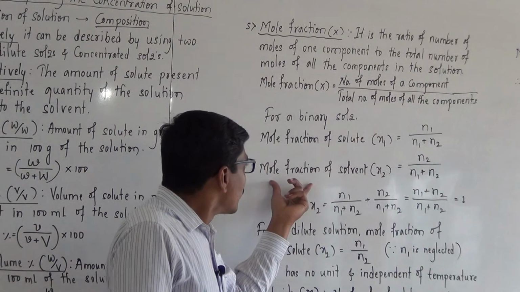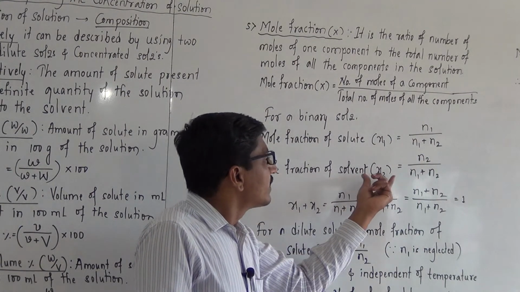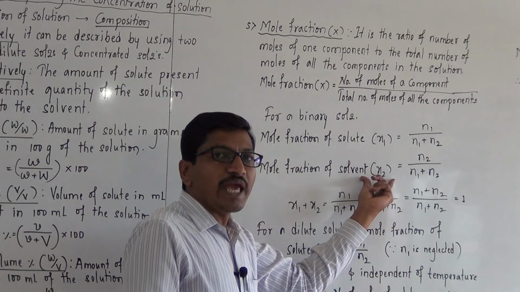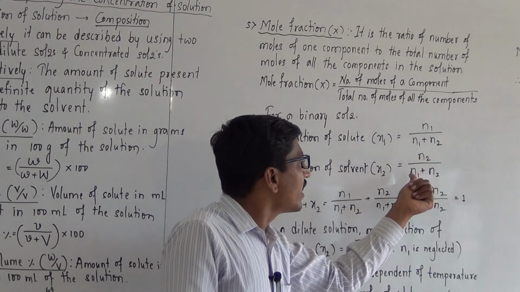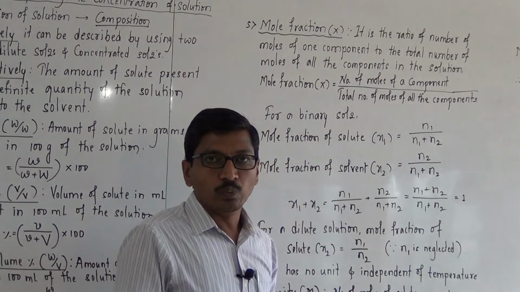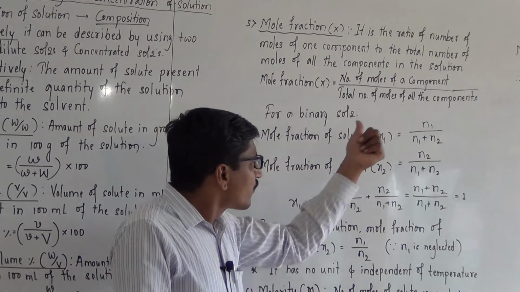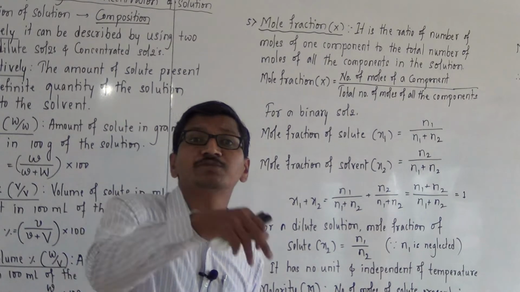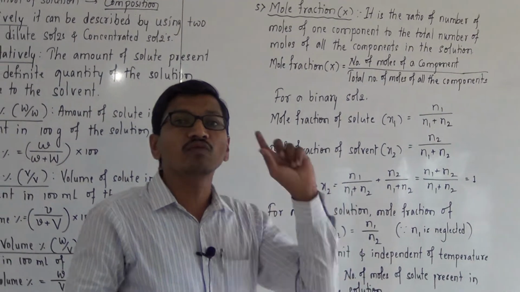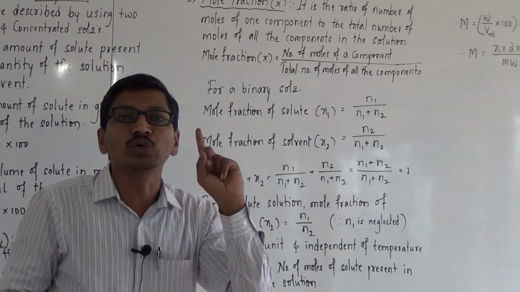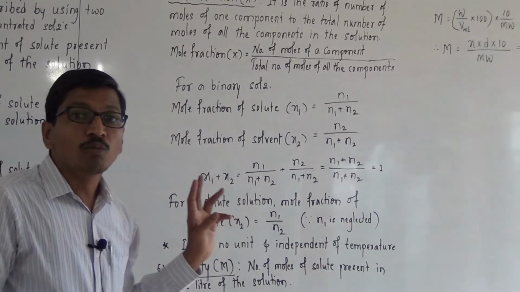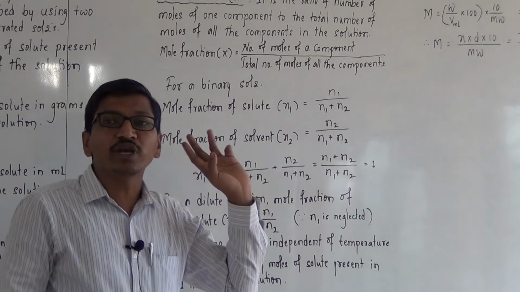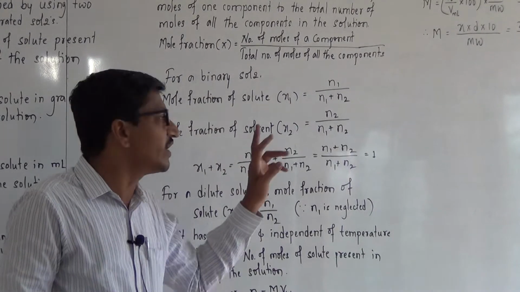And the mole fraction of solvent, denoted by the symbol X2, is equal to N2 divided by N1 plus N2. From this, the sum of mole fractions of all the components present in the solution is always unity, or equal to 1.